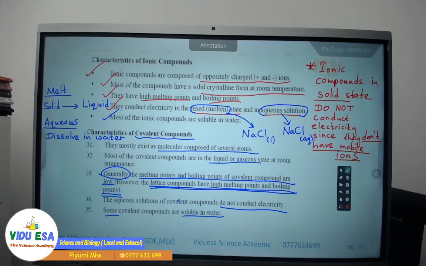Sodium chloride, NaCl. It's made of sodium, which is a metal, and chlorine, which is a nonmetal. Potassium bromide. It's made of potassium, which is a metal, and bromine, which is a nonmetal. What about this compound? It has more than two elements, unlike the previous examples.